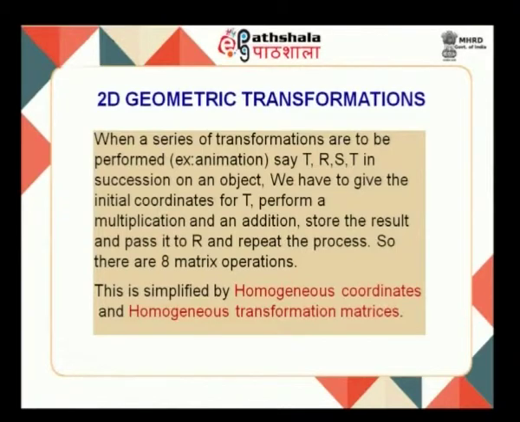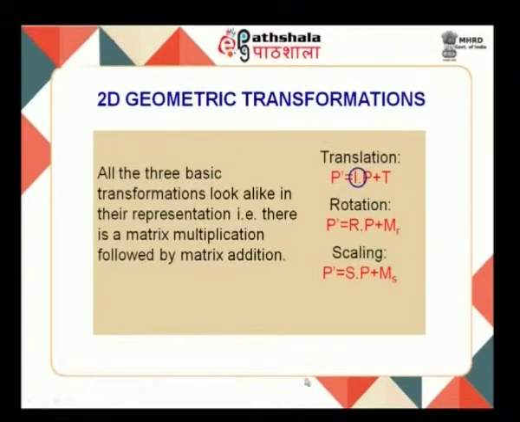and then store the result. Again there is one multiplication, one addition, as you remember in the equations we have seen in the previous slide, and then store the intermediate result in some other variable, and then use that result again for the next transformation as input and multiply and add another matrix.